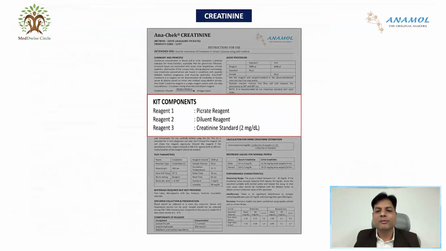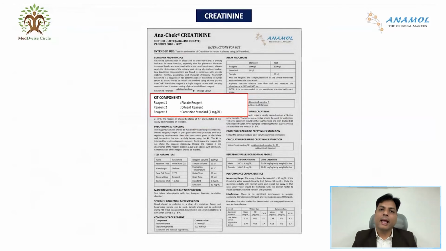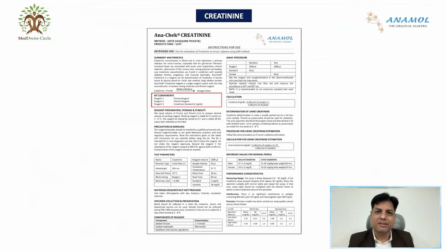So friends, we all know that every company, when they supply a product, will give a pack insert along with the product. Now, pack insert is nothing but a small paper which comes inside the kit.